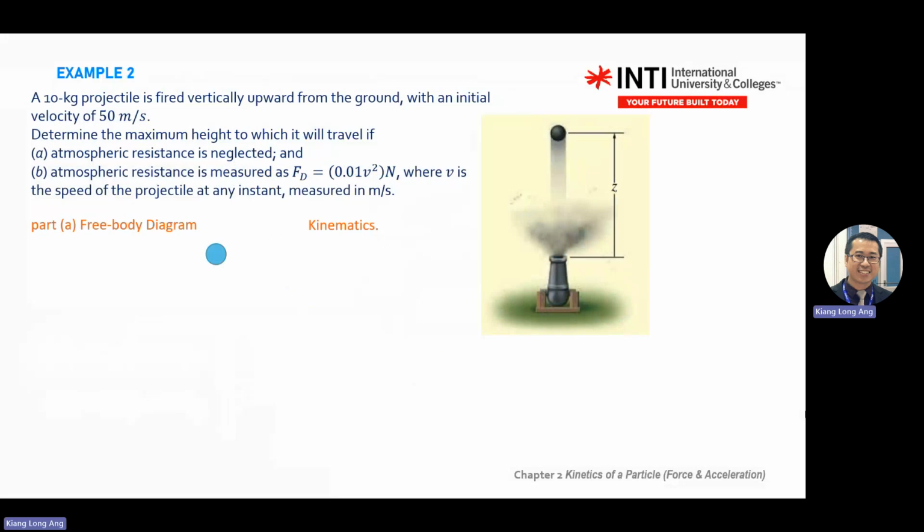Up or down? Why down? Opposite direction of your motion. Look at your motion. Your motion is going here. Okay, but you don't draw motion in the left-hand side. Left side is force. You draw the motion on the right.